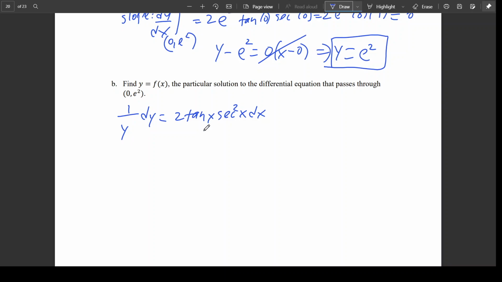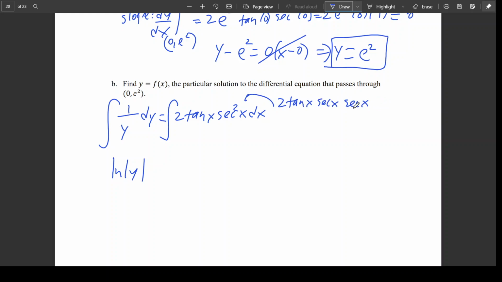Now we go ahead and integrate both sides. The integral of 1 over y is the natural log of y. For the other side, we're going to do a u substitution, because I know the derivative of secant is secant tangent. This is just 2 tangent of x, secant of x, secant of x.